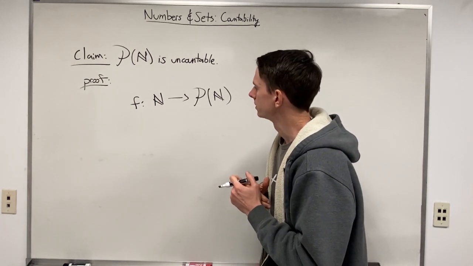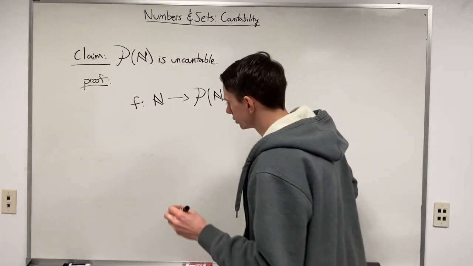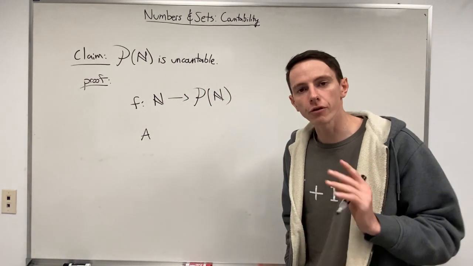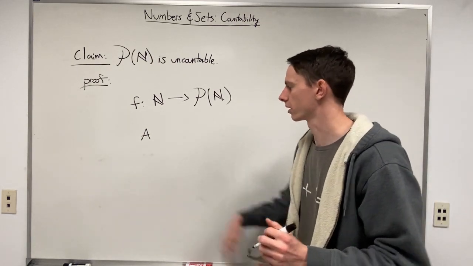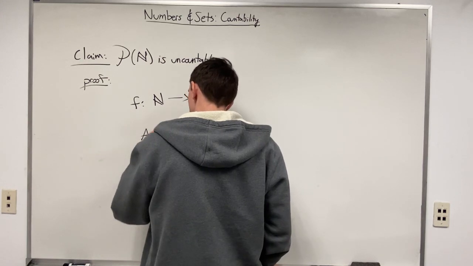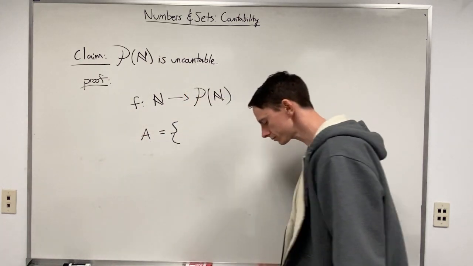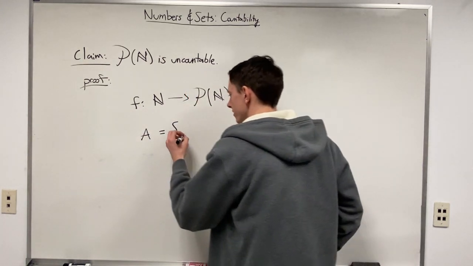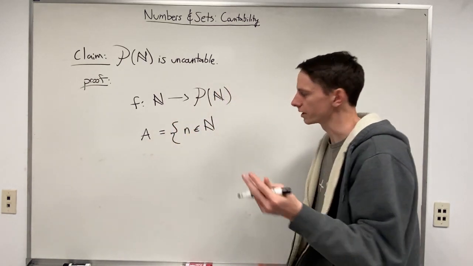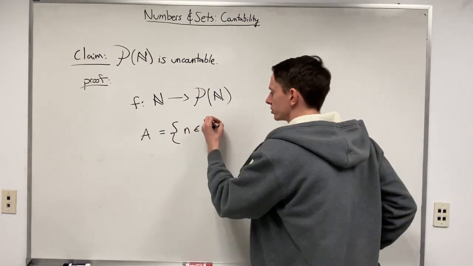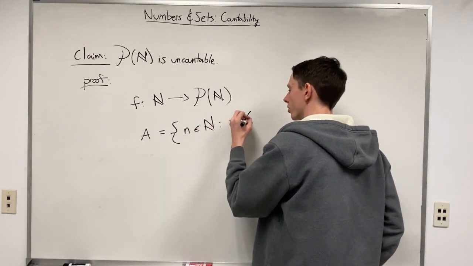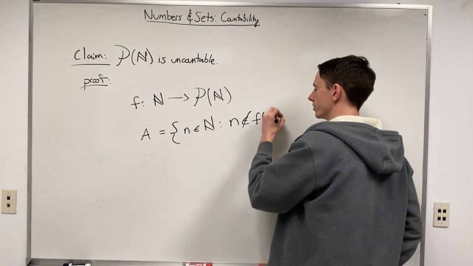Now, I want to construct one of the elements of the power set of the natural numbers, and I'll call that element A. And A is going to have the property that it is the set of natural numbers such that these natural numbers are not in the codomain.